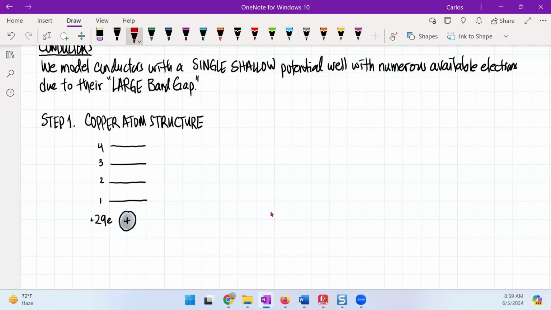We know that there's 1, 8, 18, and then we have 1 electron in that outer level. So when I'm looking at these, we have a number of inner electrons in these guys right here. So now let's go to our potential well. Now I'm going to go to the potential well model.